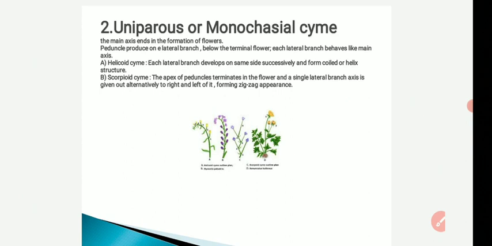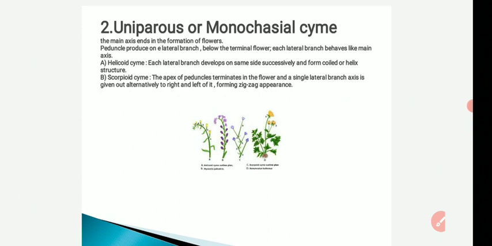In this type, the main axis ends in the formation of a flower, and the peduncle produces one lateral branch below the terminal flower. This single lateral branch also behaves like the main axis. And two patterns of bearing flowers can be observed, and depending on that there are two types of monochasial cyme, that is helicoid cyme and scorpioid cyme.